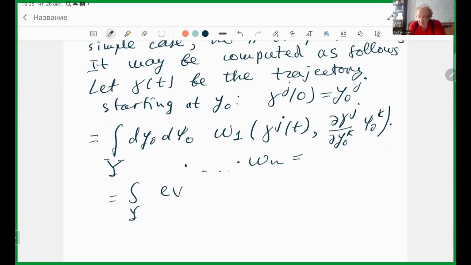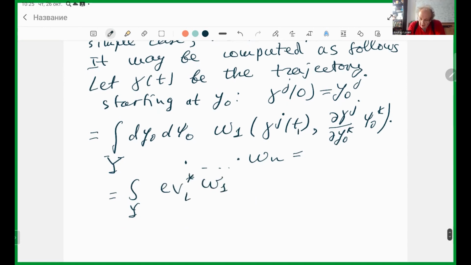It's called the pullback of the evaluation of omega 1 at point t1.